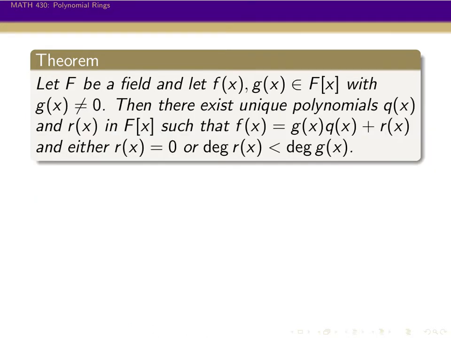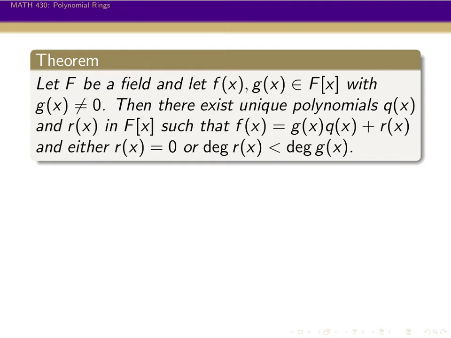Okay, so now what if, rather than dealing with an integral domain, we deal with a field? So we're going to let F be a field, and we're going to look at polynomials over this field. If we take two polynomials, f of x and g of x, where g of x is non-zero, then we can do a division algorithm on them.